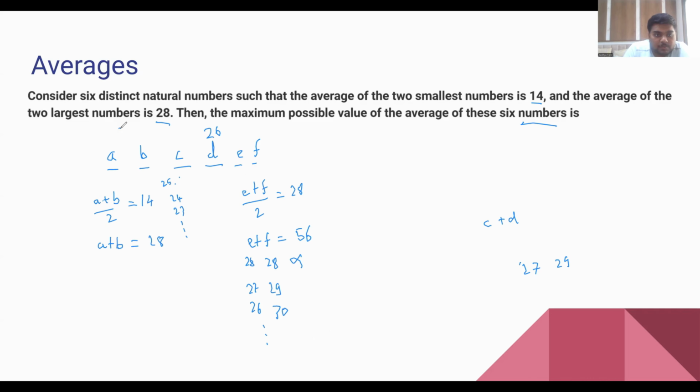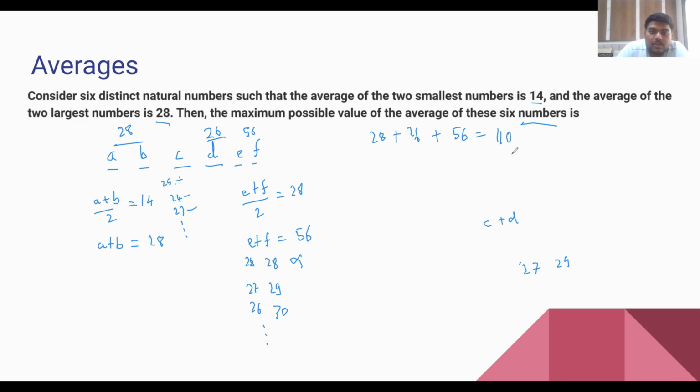A plus B is 28. 28 plus 26 is 54, plus 56, which is 110. And this number can be either 25 or 24 or 23 and so on.